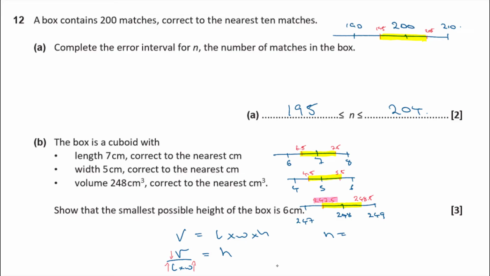This was L, this was W, this was V. So I'm going to use the upper bound for W, which was 5.5, and I'm going to use the upper bound of L, which was 7.5. Okay, so subbing all those in, lower bound of V is 247.5 divided by upper bound of L, 7.5, times the upper bound of W, which is 5.5.